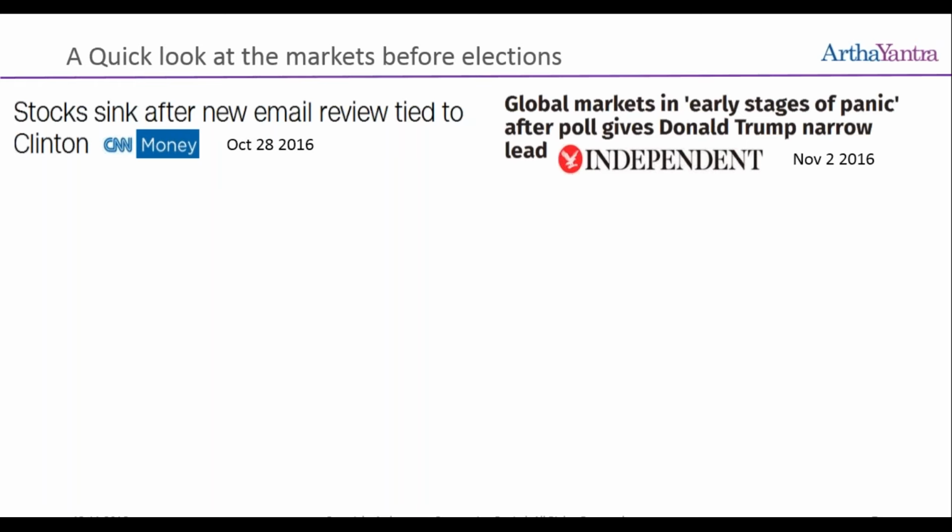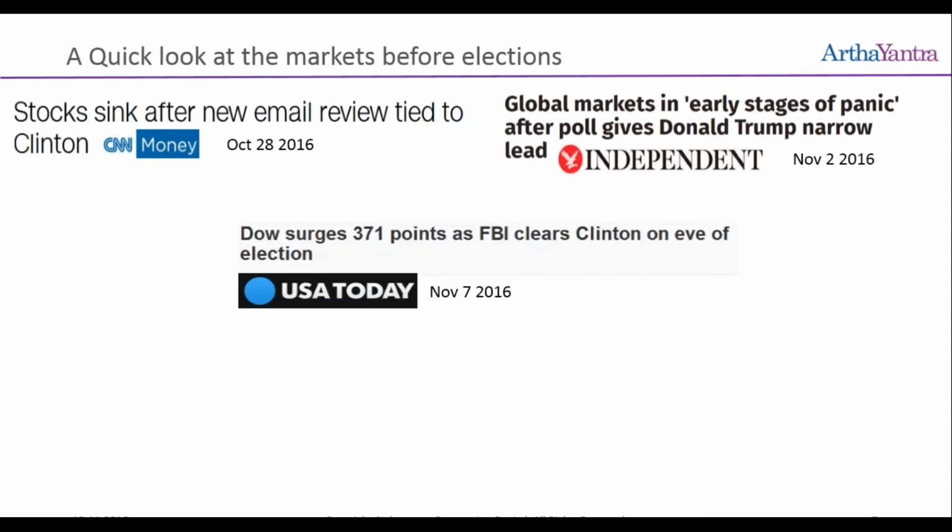Consequently, the polls gave news that Donald Trump might be ahead, and this resulted in the global markets showing an early stage of panic. And then the FBI decides to clear Clinton of the email scandal, and the Dow Jones rises by 371 points.